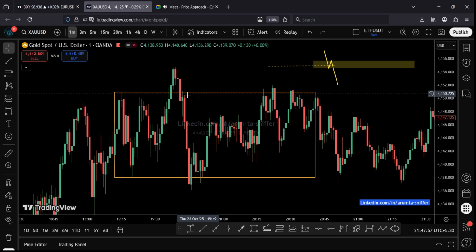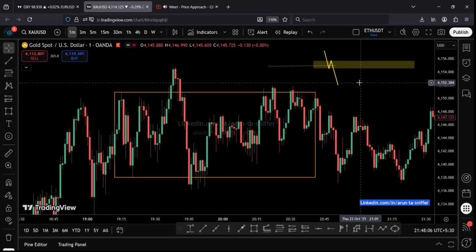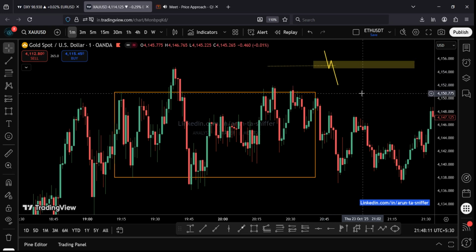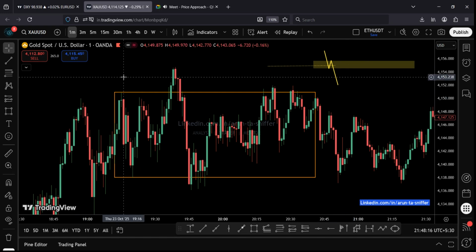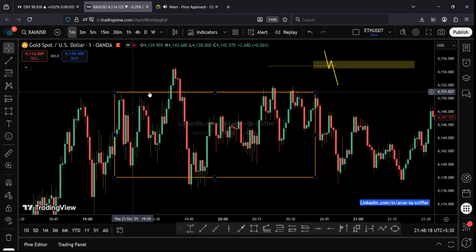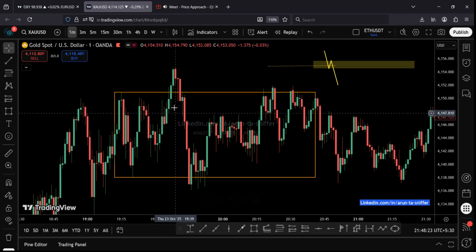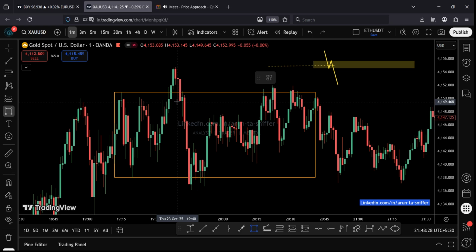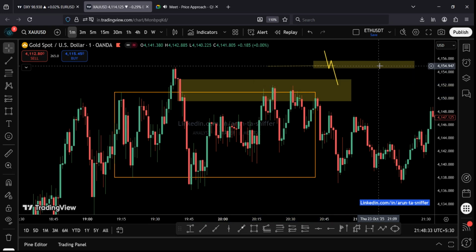And at LS kink it becomes DP, at RS kink it becomes RSFL, and DP is also some kind of FL. So this is LSFL, you can also say this as LSFL. This is also called LSK. LSK means left shoulder kink. This is the left shoulder. If we go forward here, we found this kink when price is coming down. So this will be called our LSK. We can also call this LSK, right?